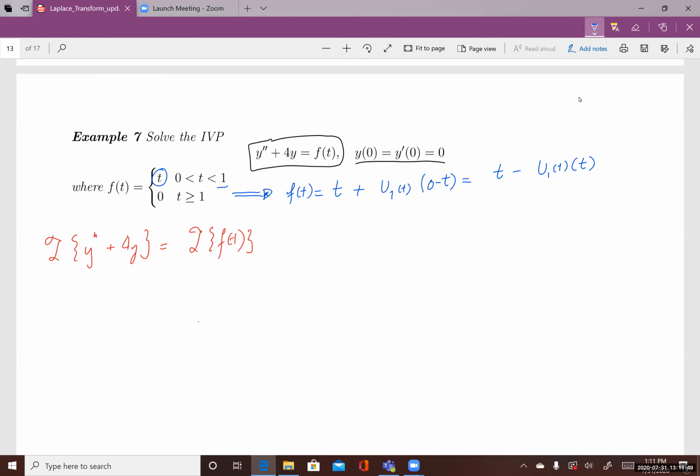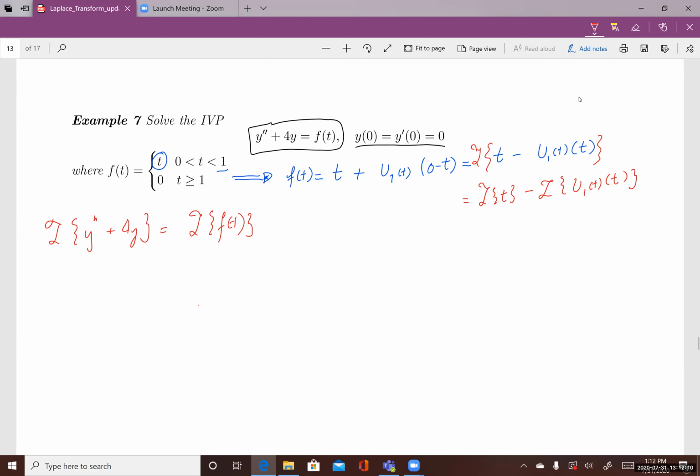If I want to apply Laplace here, first I can just use the linearity of the Laplace transform to break it into two different functions. One is just the regular function, another one is a unit step function.